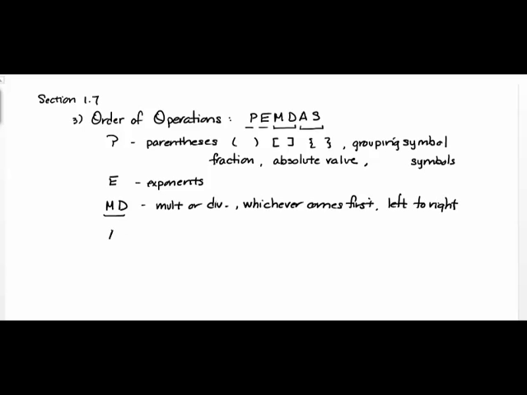And then the last thing we look for is addition or subtraction, again, whichever comes first, left to right. Okay, so this is what we call the order of operations agreement. So given no grouping symbols, we agree that anytime we see parentheses, we work whatever is in the parentheses or any other grouping symbol first, followed by exponents, and then multiplication or division, and then finally addition or subtraction.